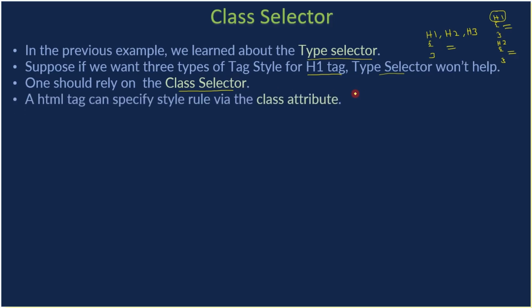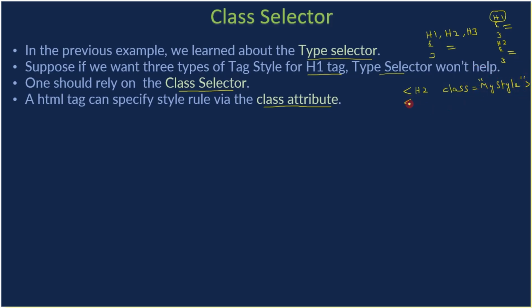An HTML tag can specify a style rule via the class attribute. Suppose this is your HTML and you are specifying an h2 tag, you can make use of the class attribute. Here you can specify the style, say for example, my style. This is the class we are specifying.